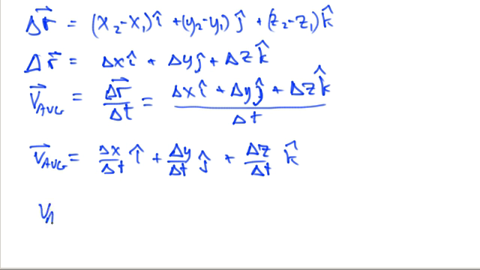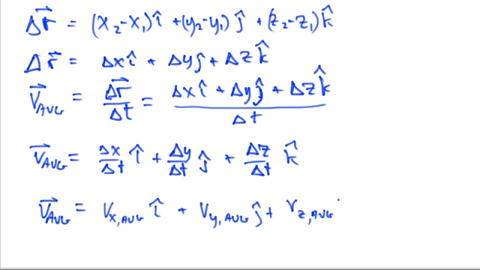And we can call this change in the x component of the position divided by the amount of time it took to do that the x component of the average velocity over that time interval from time t1 to time t2. So this I could call vx average times i plus vy average times j plus vz average times k.